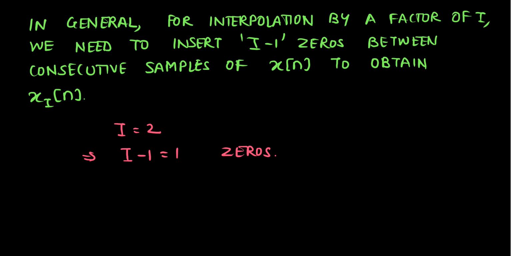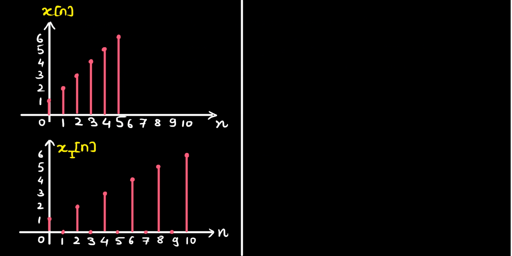So let us try to understand it better using the plots. So we had x of n as 1, 2, 3, 4, 5 and 6.